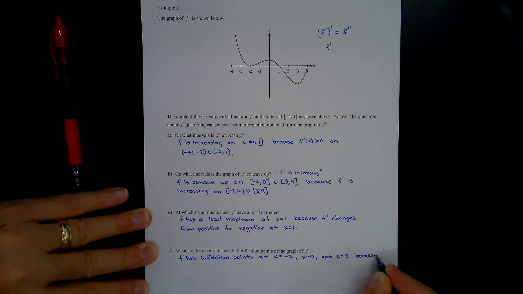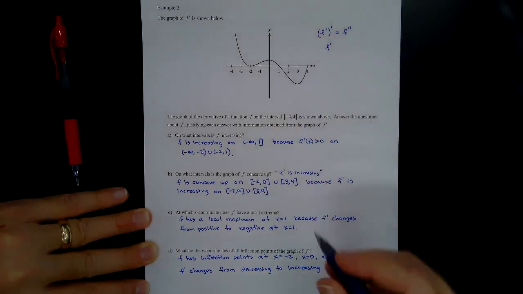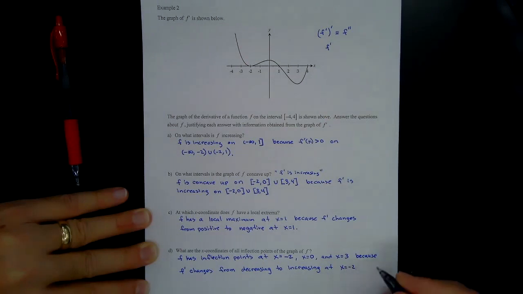Because f prime changes from decreasing to increasing at, okay, so it's changing from decreasing to increasing at x equals -2. And it's also doing the same thing. It's changing from decreasing to increasing at x equals 3. So at x equals -2 and x equals 3.